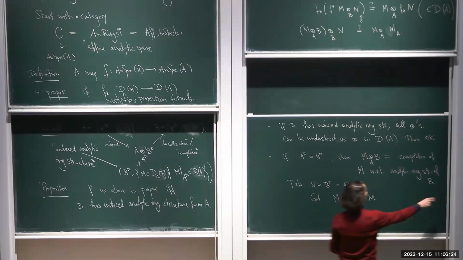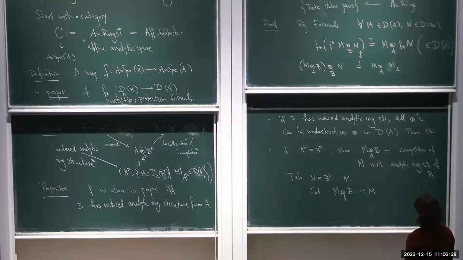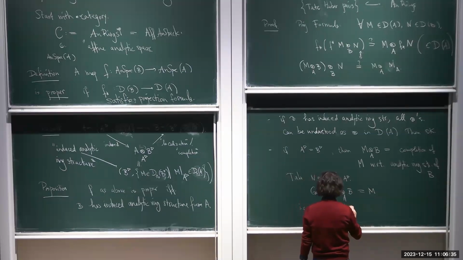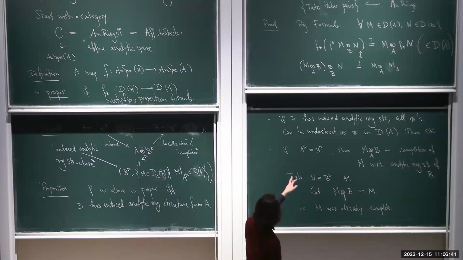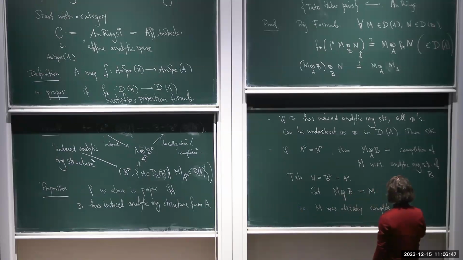So in other words, the further completion shouldn't actually do anything, i.e. M was already complete. And so this says that if A triangle is B triangle and the map is proper, satisfying the projection formula, then actually the analytic rings must be the same.